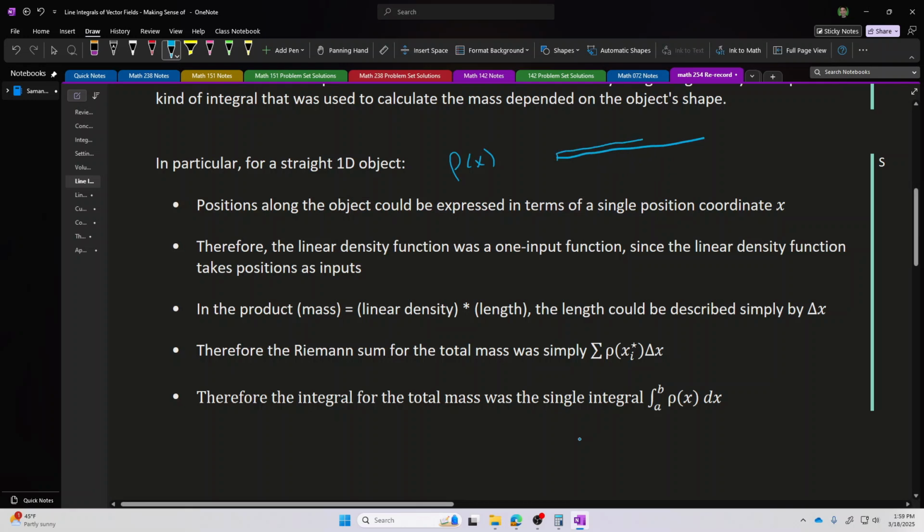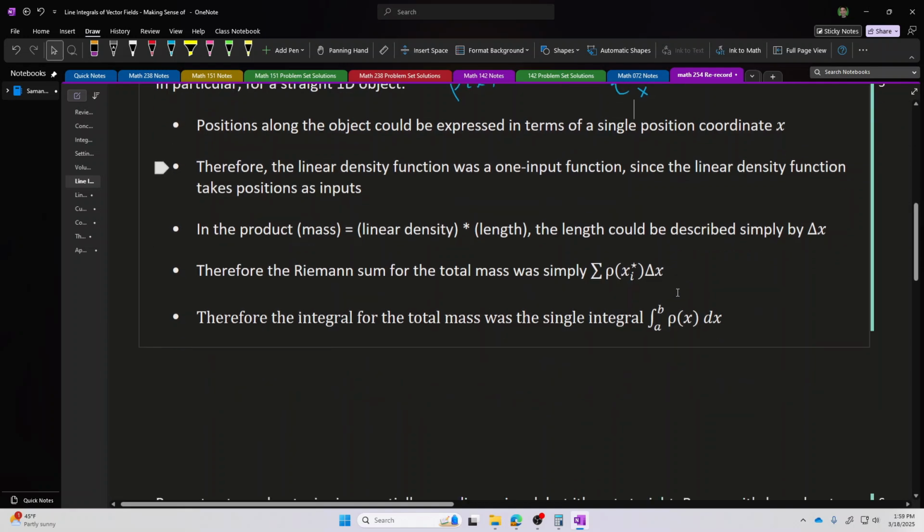Because if your object was straight, and basically one-dimensional, every single position on that object could be described just using a single input variable x. In that situation, we saw that the method for finding the mass was to integrate a single integral of that density function with respect to x.